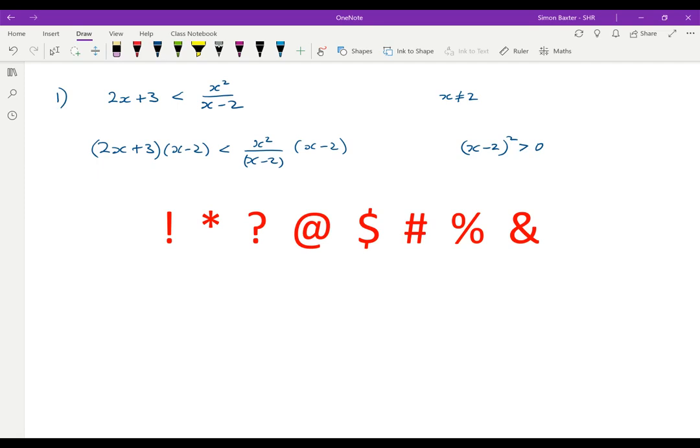So x minus 2 all squared is always positive. If we multiply both sides by x minus 2 squared, the problem disappears. Because we've multiplied both sides by a positive number, we don't have to change the inequality.